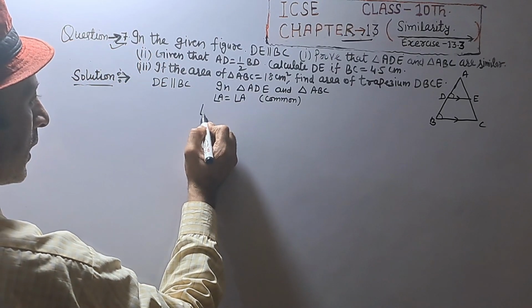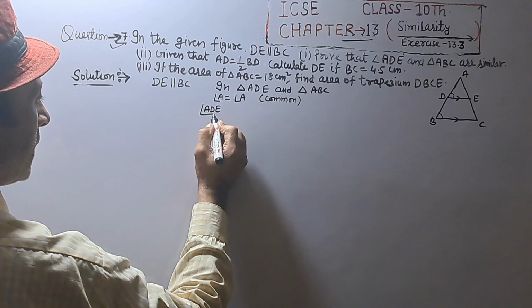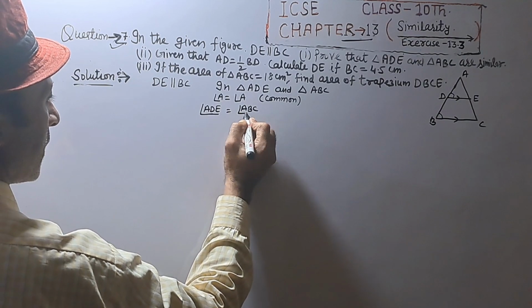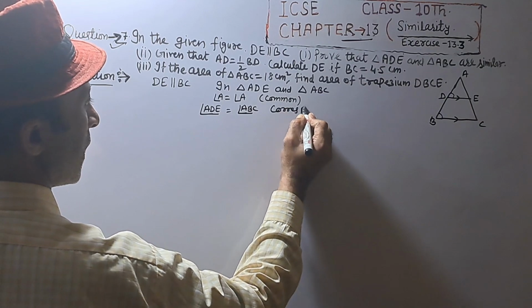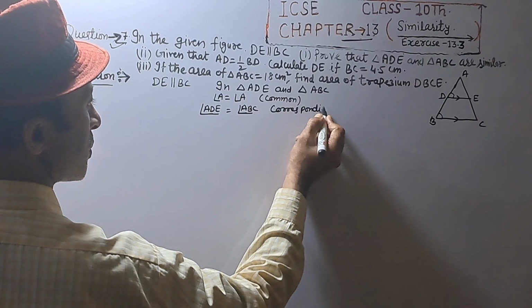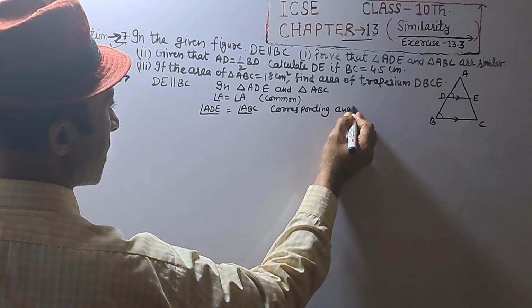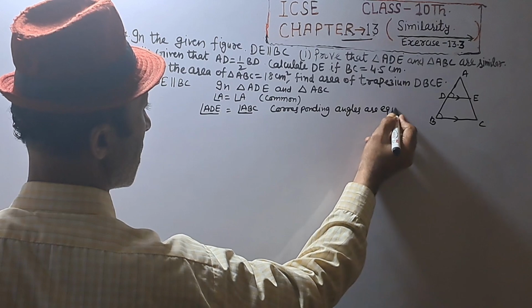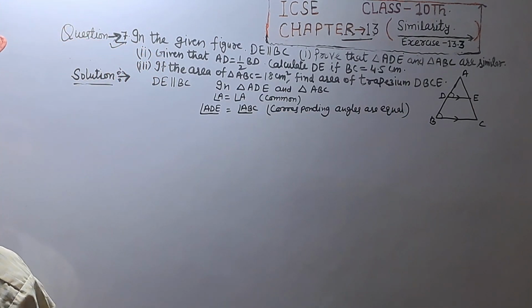Angle ADE is equal to angle ABC, corresponding angles are equal.